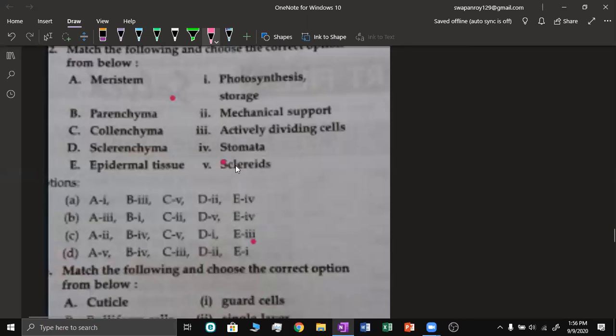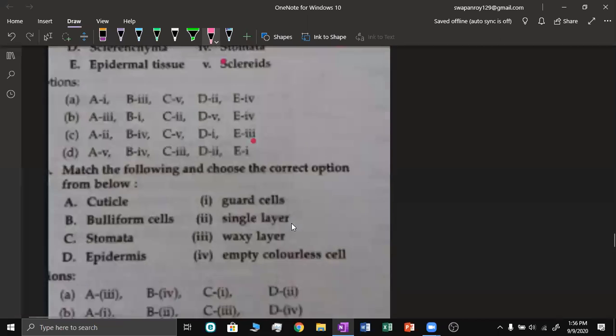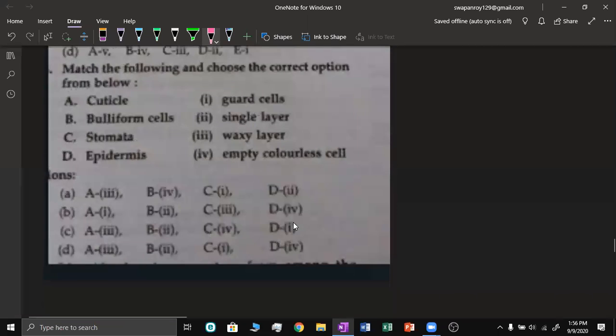Okay, this one we have already done. This is also the same one. In a similar way, we will do another matching question. Match the following and choose the correct option from below. Here, on this side is cuticle, bulliform cells, stomata, and epidermis.